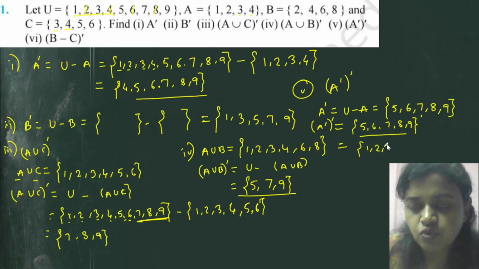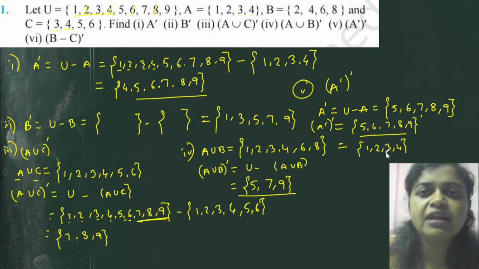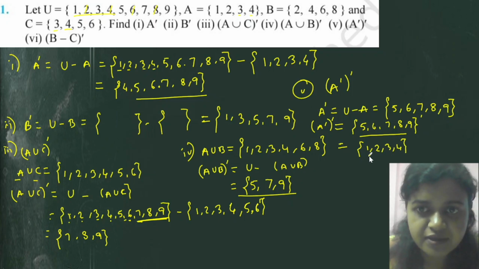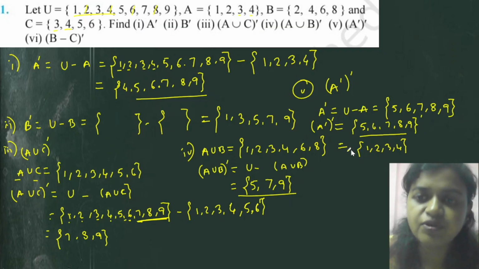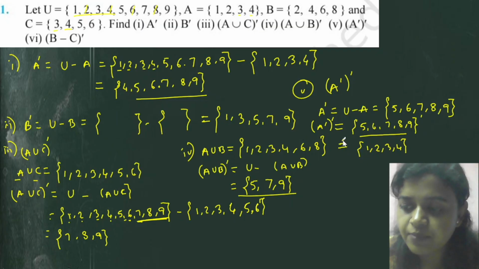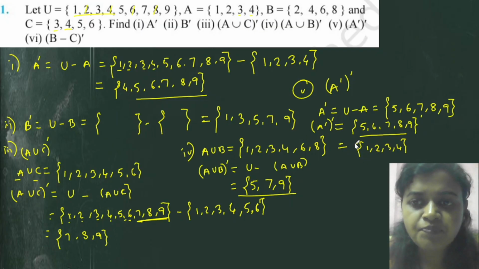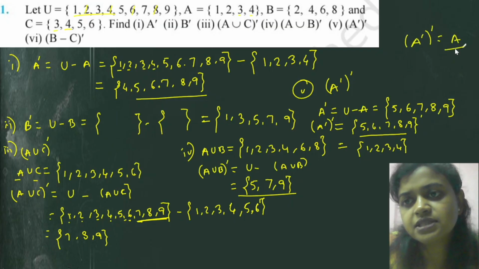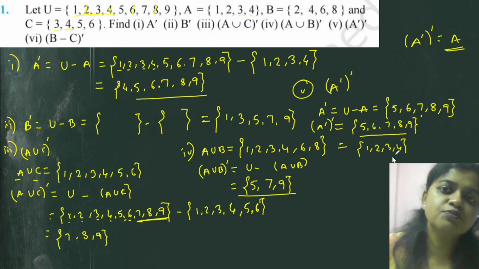You can see 1, 2, 3, 4 are elements of which set? Set A. So in the previous slide we proved the double complementation law: A complement of complement, you get the set itself. So here it is proved.